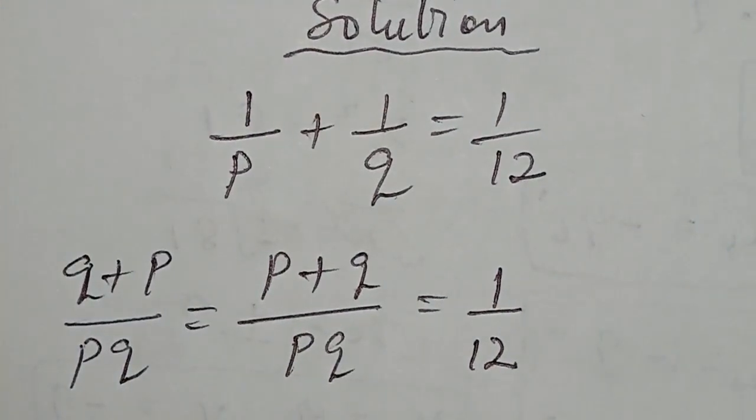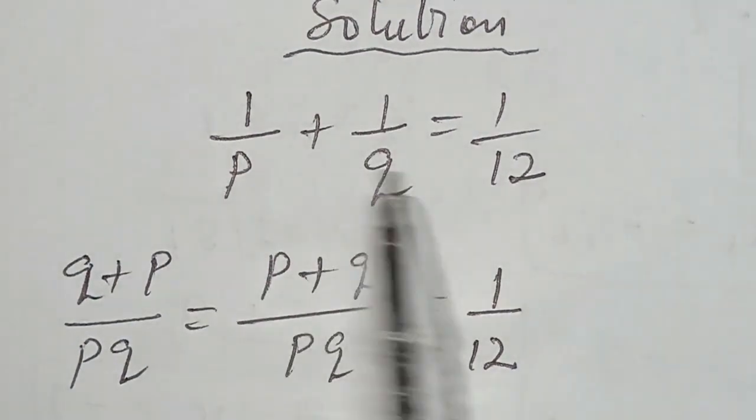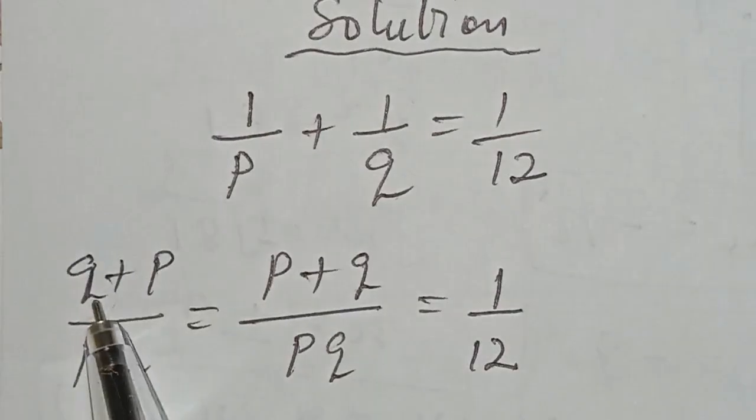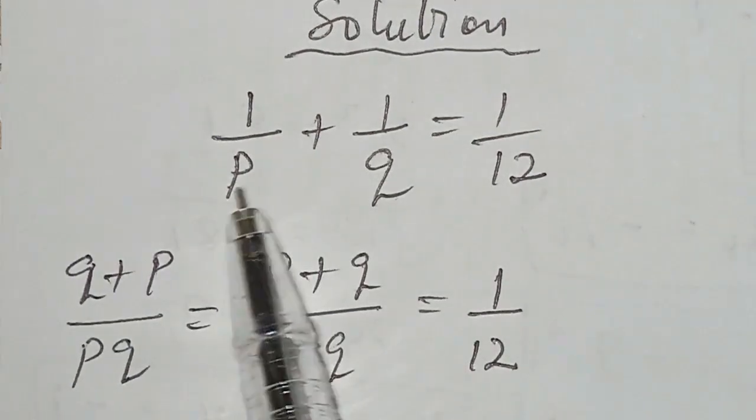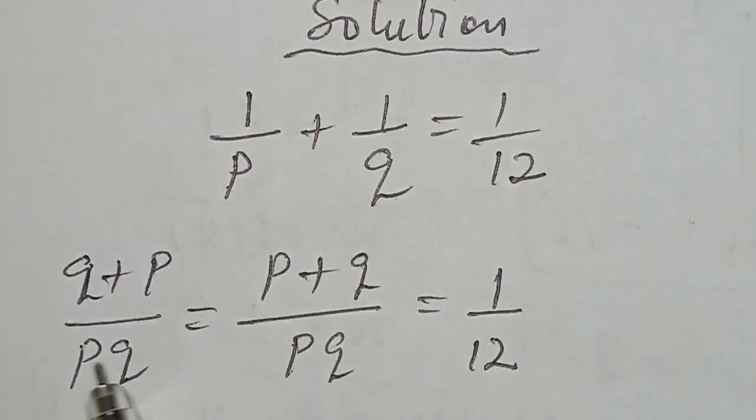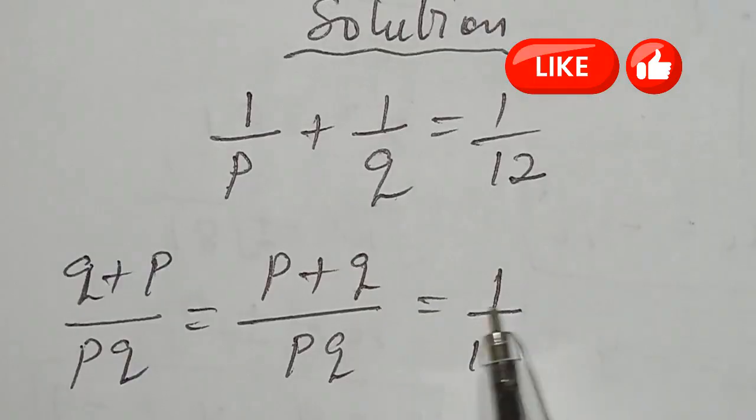If we multiply this by this, we have Q. This multiplied by this, we have P. Then the LCM, we have PQ.